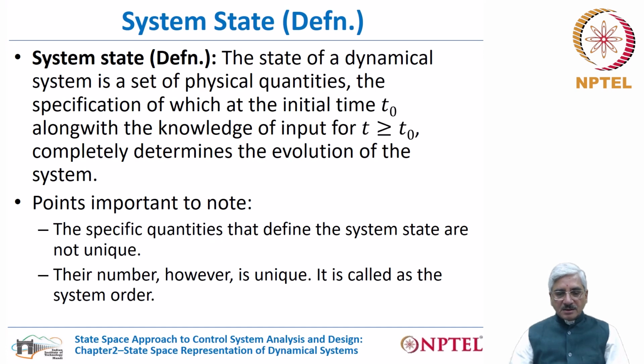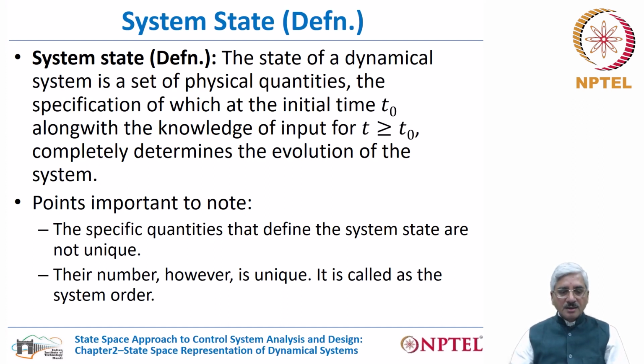But the thing is that at t0, we have the knowledge of the set of the physical quantities, and from t0 onwards, we have the knowledge of the system input. Based on these two things, we will be able to determine the state of the system subsequently.